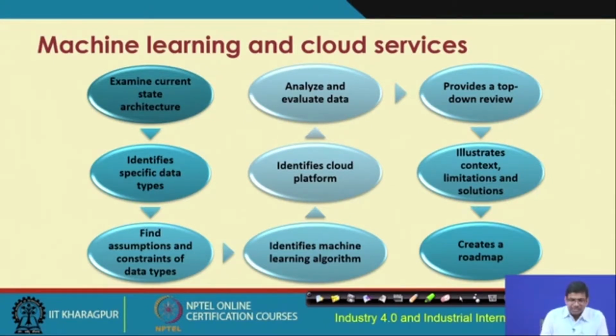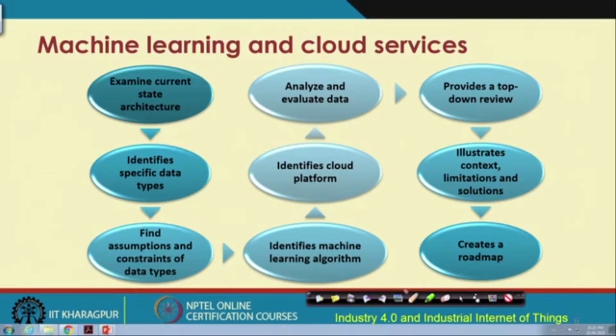So, basically it starts with examining the current state of the architecture. Thereafter, the next step is going to be identifying the specific data type, finding the assumptions and constraints of the data types, identifying the suitable, targeted machine learning algorithm that is applicable, identifying the cloud platform, analyzing and evaluating the data, providing a top down review and illustrating the context, limitations and solutions, and creating a roadmap.